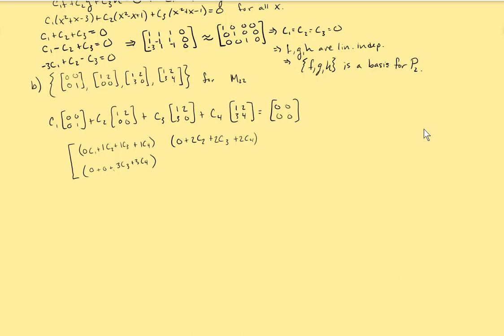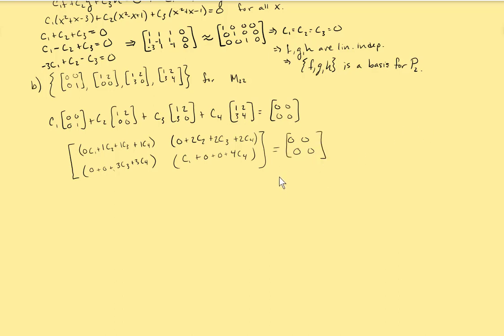And finally, bottom right corner, I get C1 plus 0 plus 0 plus 4C4. And all that has to equal the 2 by 2 zero matrix on the right.